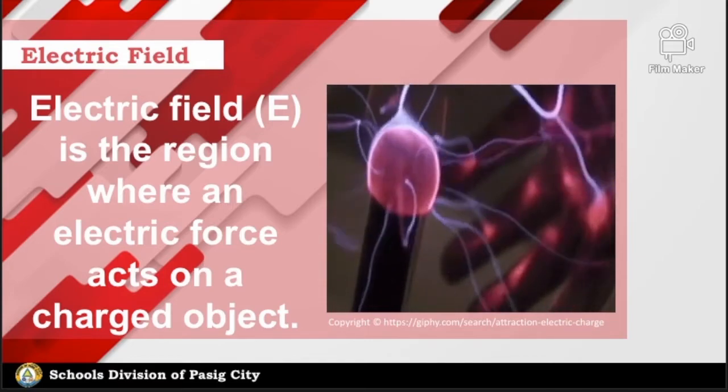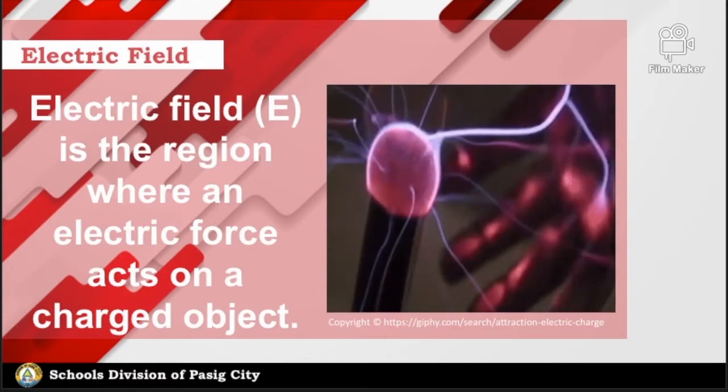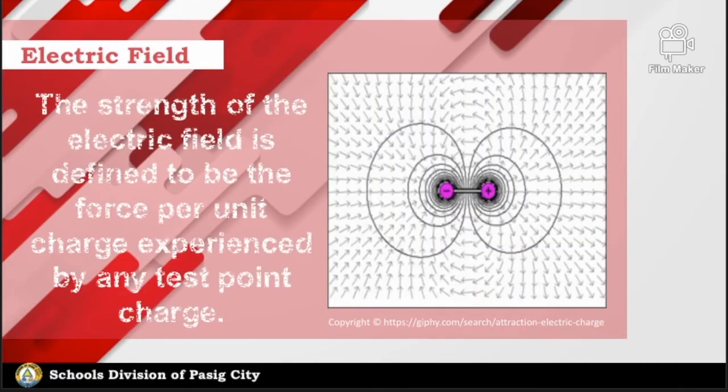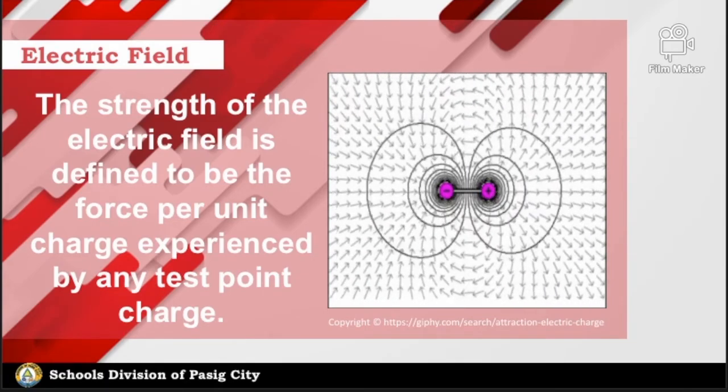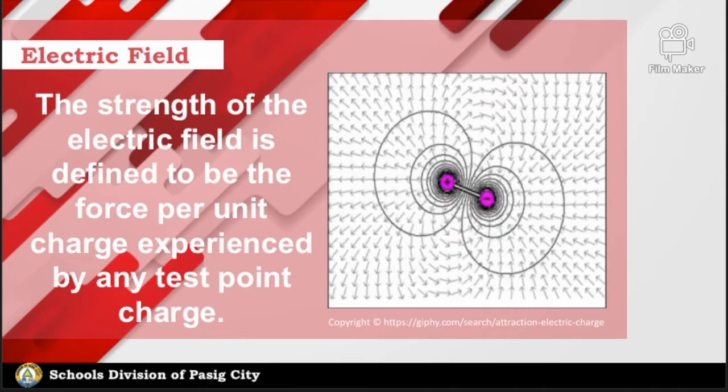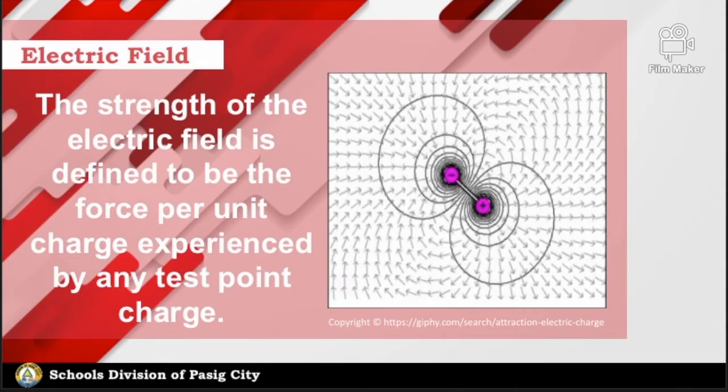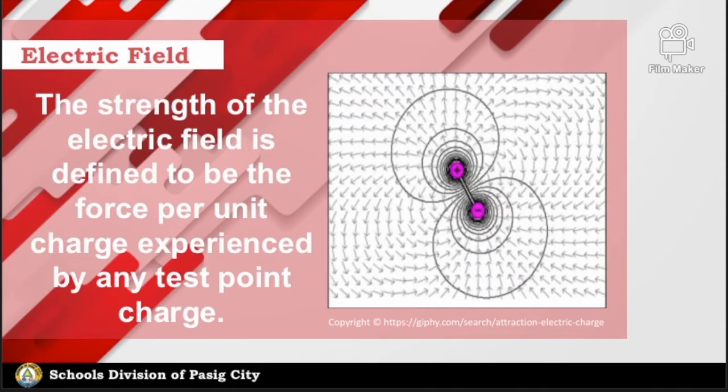All charged particles will experience a force around them. And that region around an electrically charged particle where force is detected is called electric field. The symbol for electric field is capital letter E. The strength of the electric field is defined to be the force per unit charge experienced by any point charge.